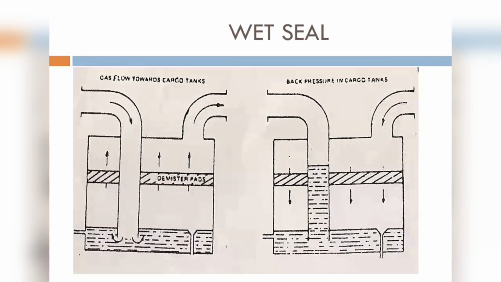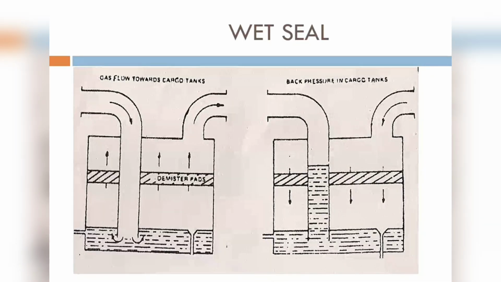This pump is running all the time, providing seawater to the deck seal and maintaining the level of water at all times. There is an overflow line, and when the water reaches the overflow line, it goes directly overboard. This water level has to be maintained in the deck seal, then only it will form the seal, then only it will function.